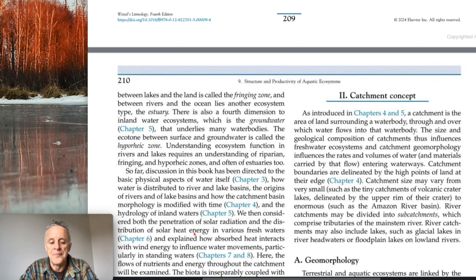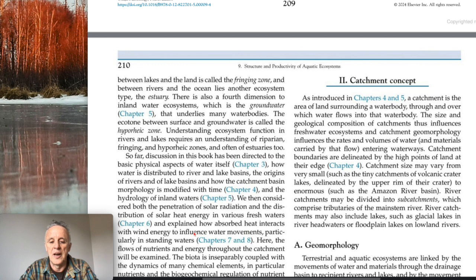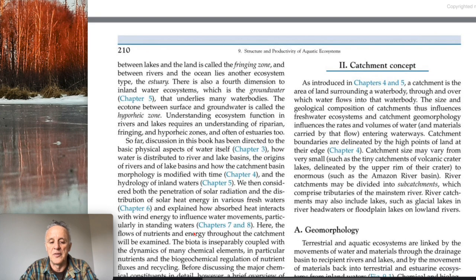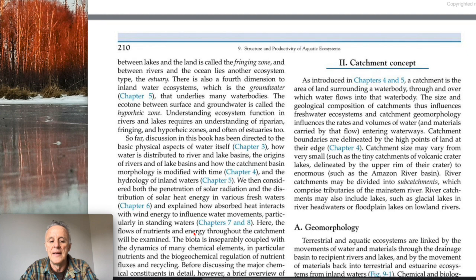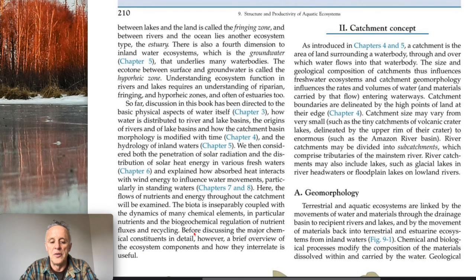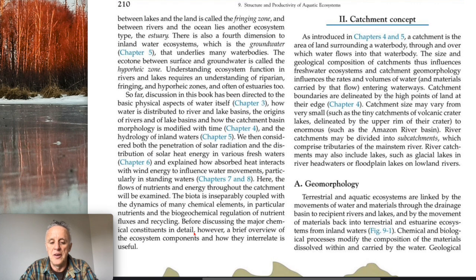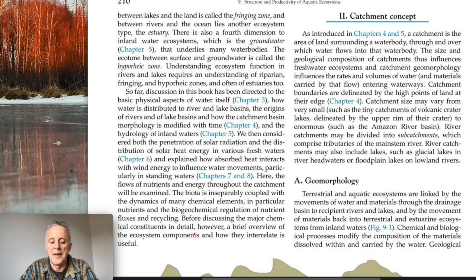So far, discussion in this book has been directed to the basic physical aspects of water itself, how water is distributed to rivers and lake basins, the origins of rivers and of lake basins, how the catchment basin morphology is modified with time, and the hydrology of inland water systems. Here, the flows of nutrients and energy throughout the catchment will be examined.